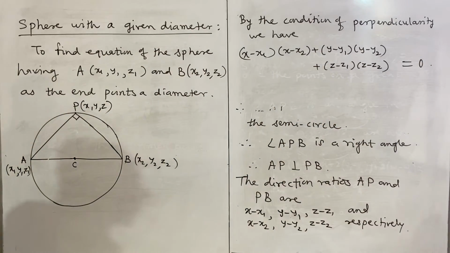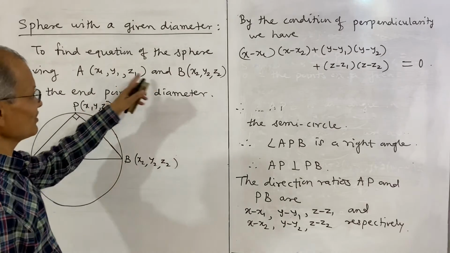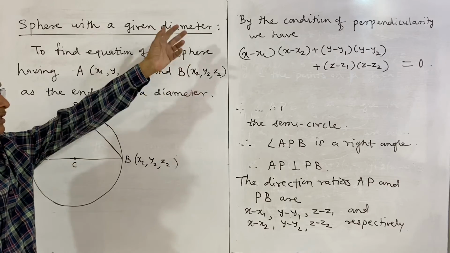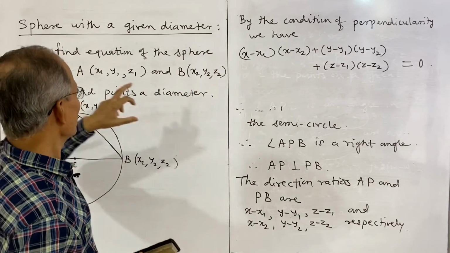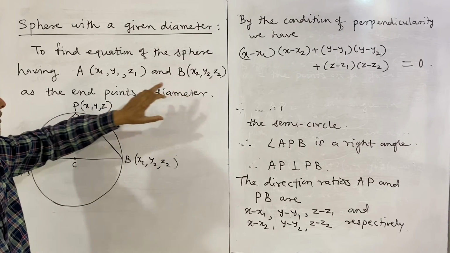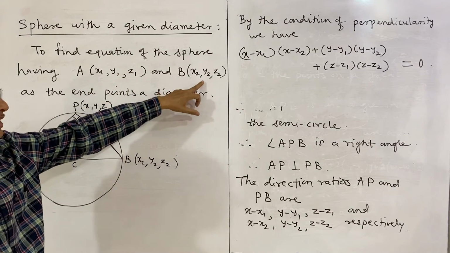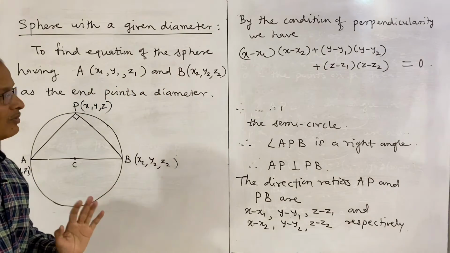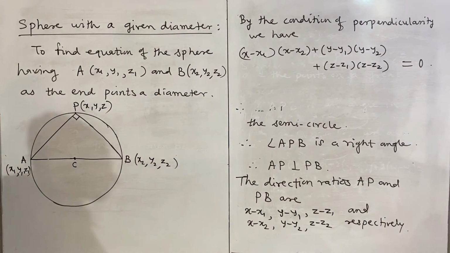This is the equation of the sphere in diameter form. If the extremities of a diameter are A(x1, y1, z1) and B(x2, y2, z2), then this is the equation of the sphere, which is similar to the diameter form of a circle.